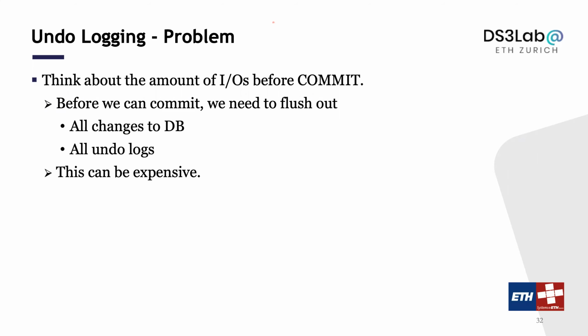As you can see, the log is almost as large as all the changes I want to make. So this doubles the amount of I/O that I need before I can commit a transaction, and clearly that's not something I want. It's a baseline solution, but potentially I could do better. I don't want to double it. So how can we do better?